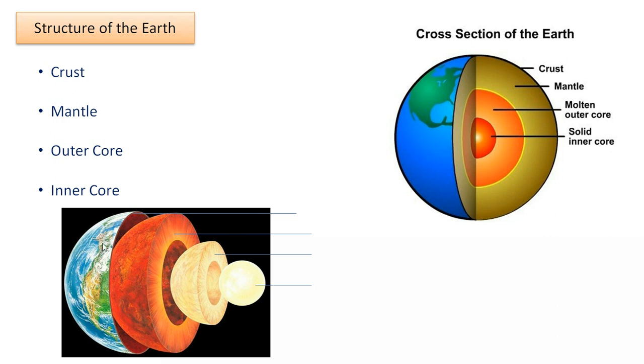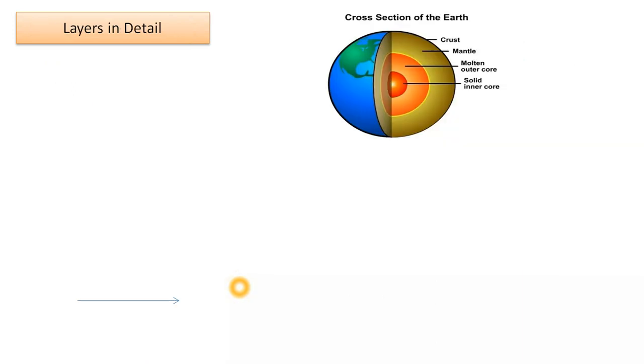This is the earth, and you can see inside this bigger ball, which is earth, you are having a smaller ball, and inside this yet another smaller ball, and inside you have another ball, that is inner core. So basically that is how the structure of earth is. Now let's see each of these layers in little more detail.